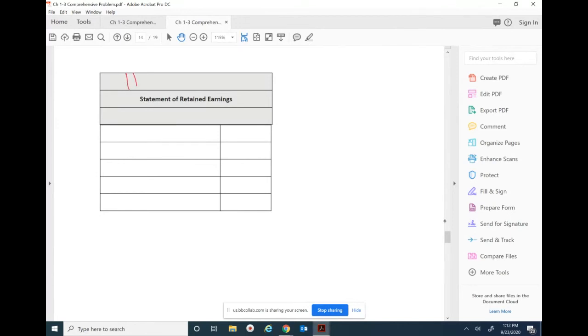So again, you need to specify the name of the company, H&H Tool Incorporated. Statement of retained earnings is for the year ended, in this case 12/31/18. So the statement of retained earnings, you need to know how to prepare the second statement in the company's financial statements.